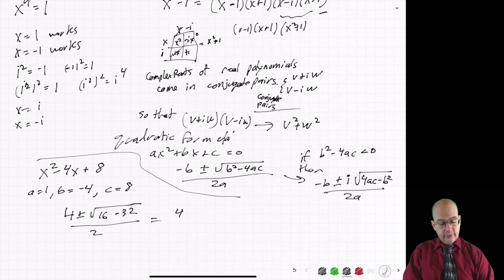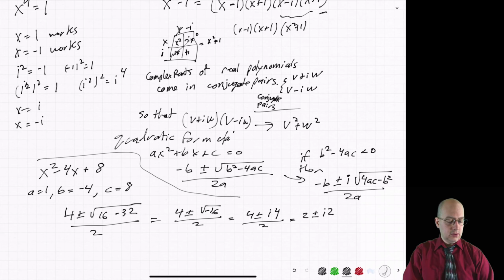That will become 4 plus or minus the square root of minus 16 over 2. And so that's 4 plus or minus i times 4 over 2, or 2 plus or minus 2i. Okay. So that's nice.